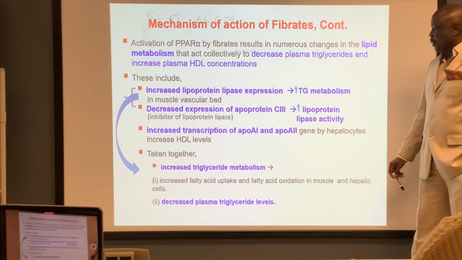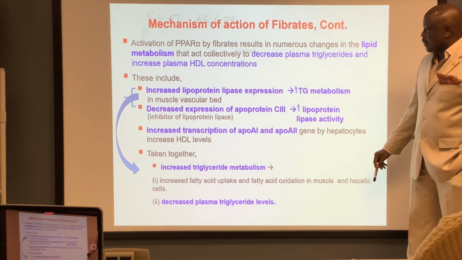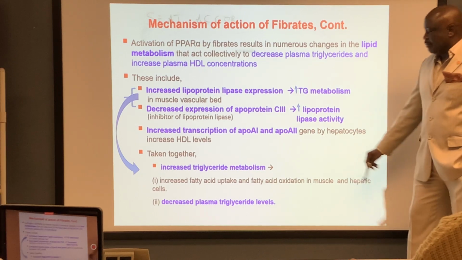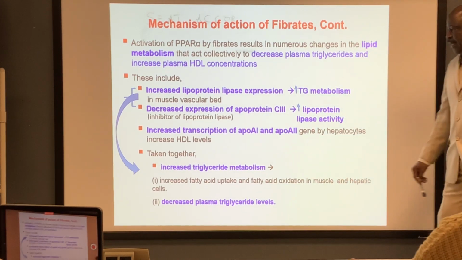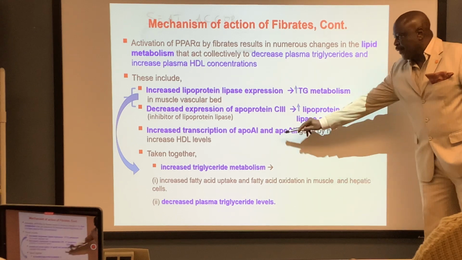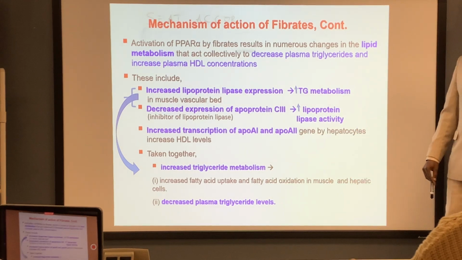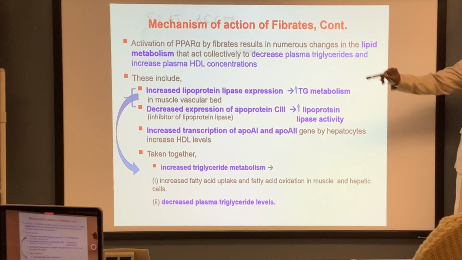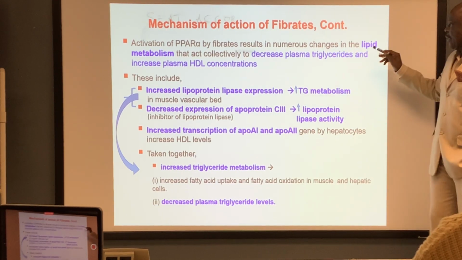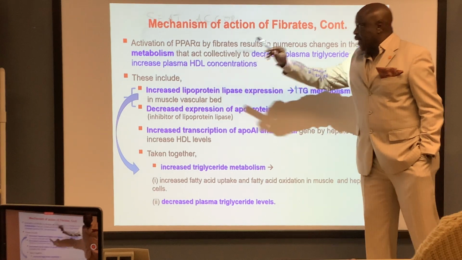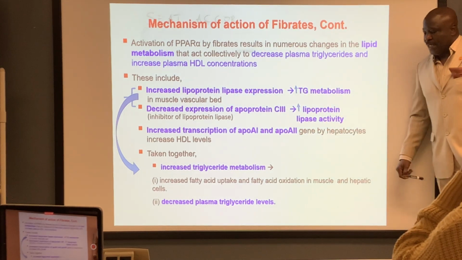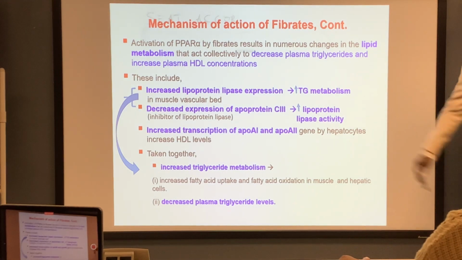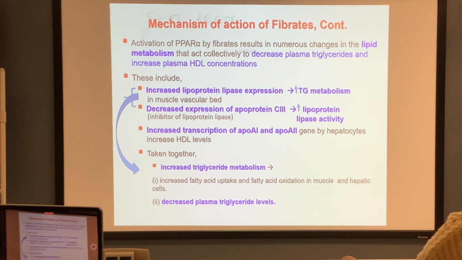When lipoprotein lipase activity goes up, you increase triglyceride metabolism, you decrease triglyceride levels. And when you increase the transcription of ApoA1 and ApoA2, you increase HDL levels. That's how fibrates increase HDL levels and decrease plasma triglycerides. You find out that we hardly talked about the LDL with this group of compounds.